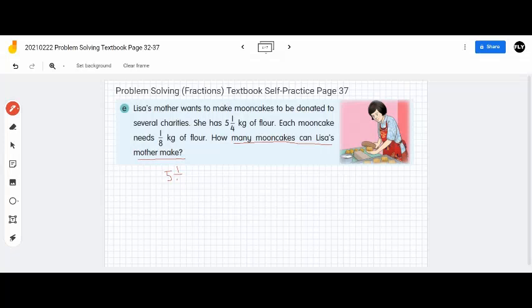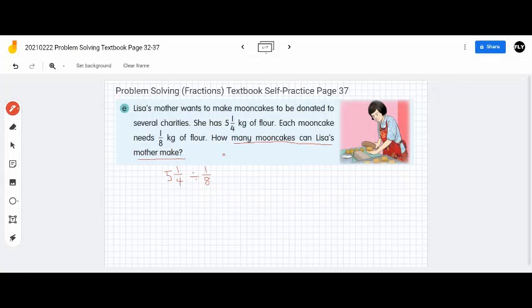5 1 over 4 actually is divided by 1 over 8. Why do we need to use divide? Because one mooncake needs 1 over 8. So we have to know how many 1 over 8 kg fit into the flour to get the number of mooncakes.